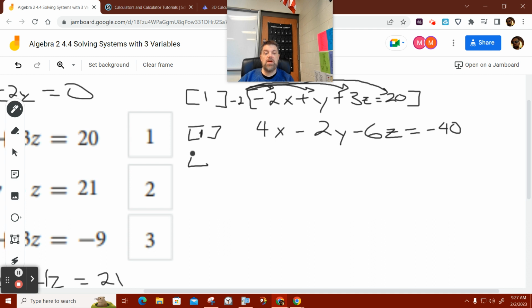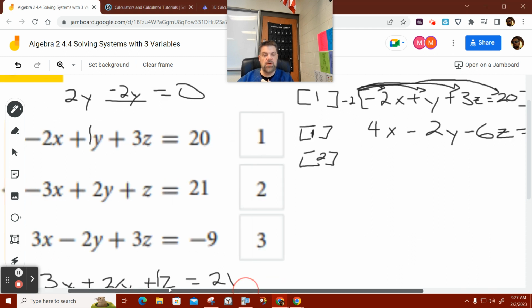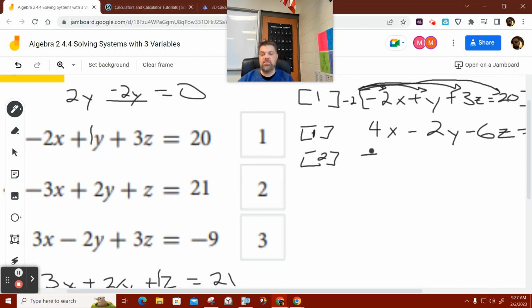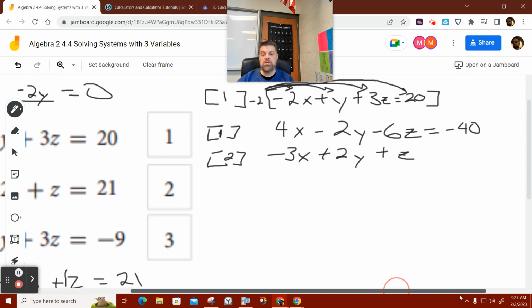So now, if I write equation 2 below it, I'm going to have negative 3x plus 2y plus z equals 21.